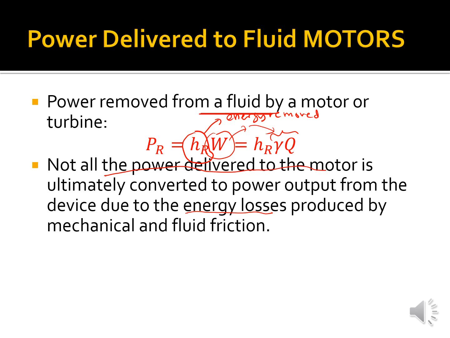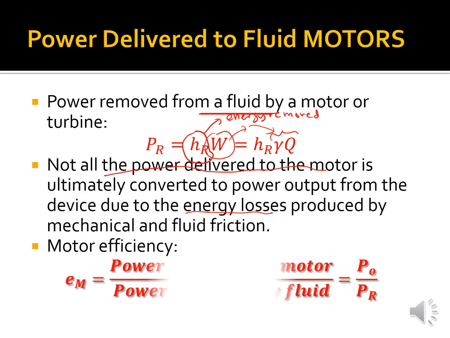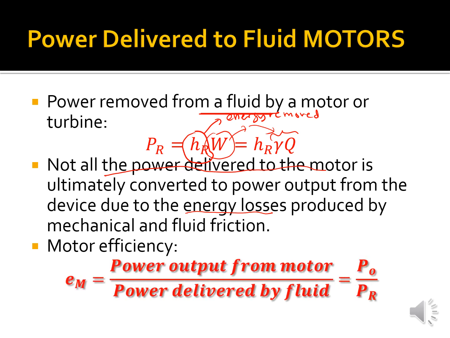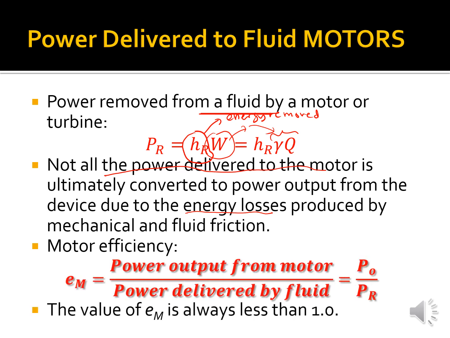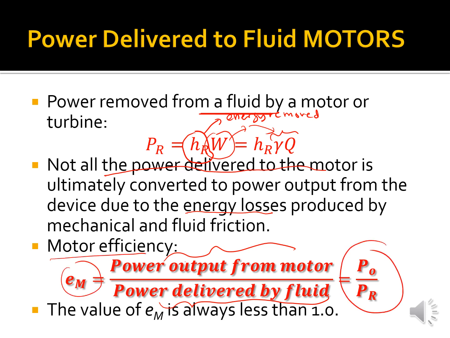That is why we can also calculate the efficiency of the fluid motor using this formula, which is the ratio of the power output from the motor divided by the power delivered by the fluid. This is the formula to calculate the efficiency of the motor.